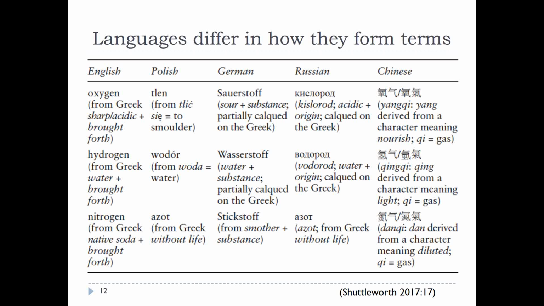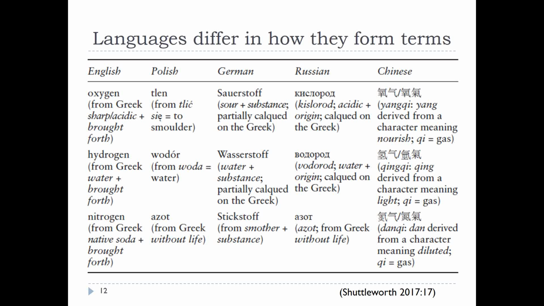And you'll see that in English, these terms are taken from ancient Greek, and they have specific meanings in ancient Greek, but they're all formed in a fairly logical way. So English is not in fact using its own resources at all to create these terms, but it's relying on a classical language, the resources of this classical language to draw the elements from which will then make up these terms.